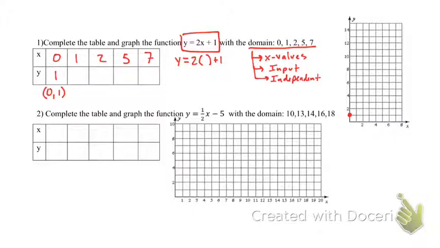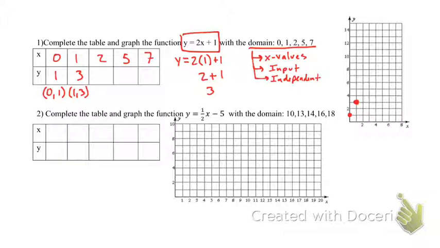Okay, and now I'm gonna plug in the next x value of 1. So I'm gonna plug it in here. So 2 times 1 is 2, plus 1 more, we get 3. So we now have 1 with 3, or 1, 3. I can now plot that point. 1, 3 is here.